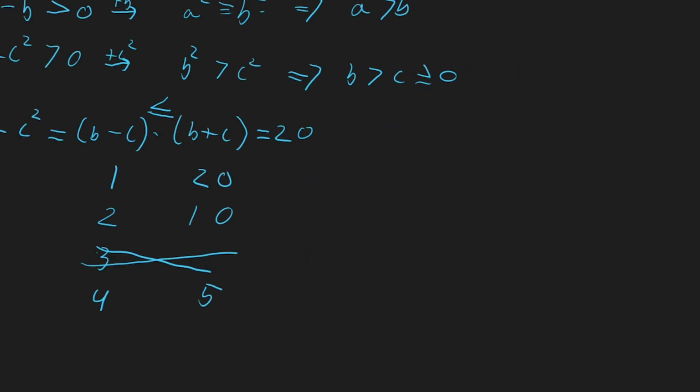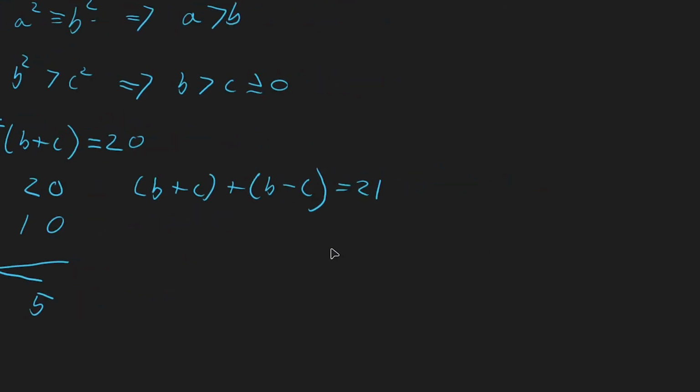And if we look at these 3 solutions, we can try them out. If we have B plus C plus B minus C, this is just something I write up to see what happens. If I see this parenthesis plus this parenthesis, 1 plus 20, that's 21.